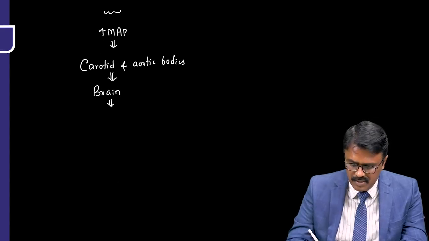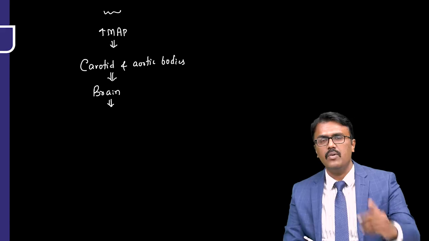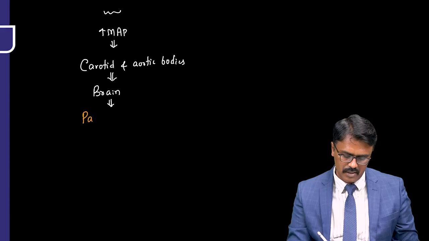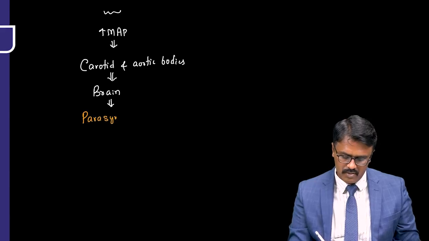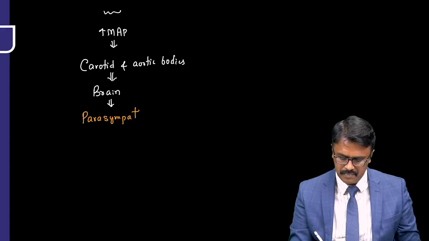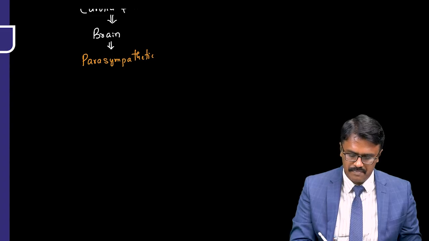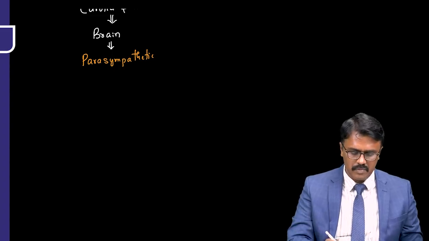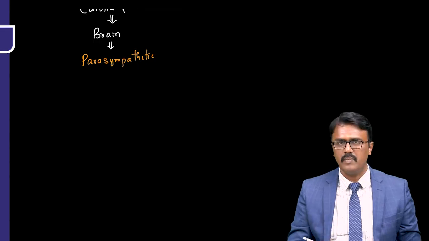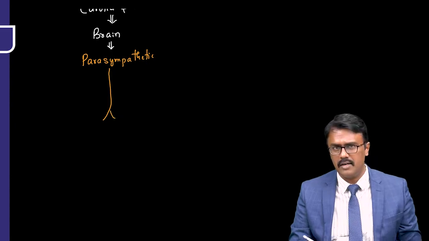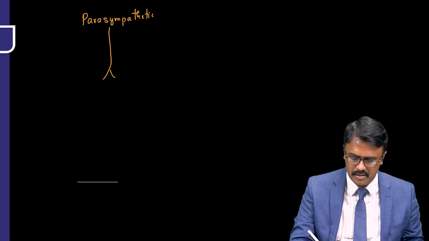So what does it do? It will tell the parasympathetic, you go and work now. Sympathetic is doing too much, you go. So parasympathetic will come. So it will stimulate the parasympathetic fibers, and parasympathetic fibers will meet the heart and give a message to the heart.